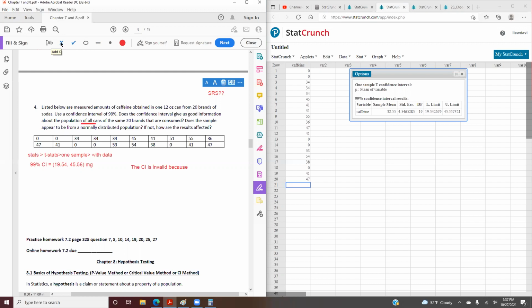obtain one 12-ounce can from 20 brands of soda. Aren't those brands collected randomly? Well, you're taking one from each of 20 different brands.